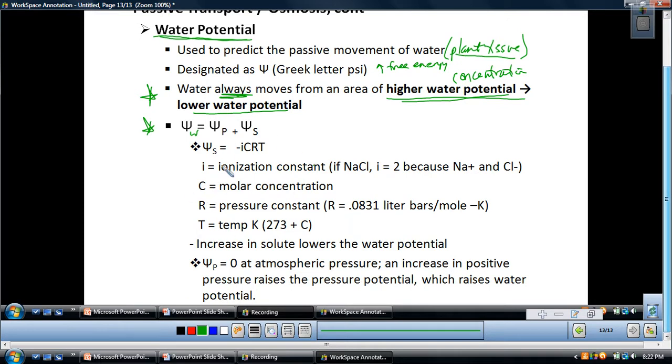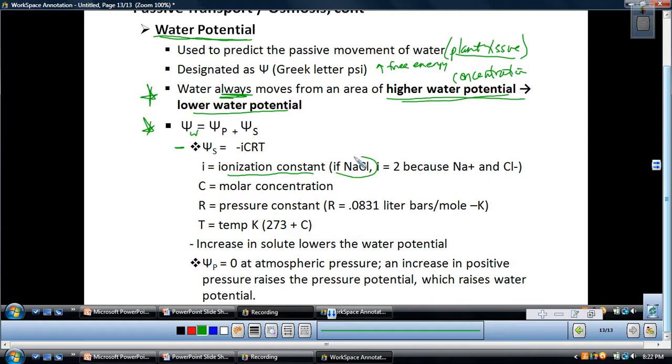You do not have to memorize this, but in the formula where it says water potential is equal to the pressure potential plus the solute potential, there's a little bit of configuration here because the solute potential is equal to negative iCRT, where i is the ionization constant. What that means is whatever you're putting into the water, is there a tendency for it to ionize?